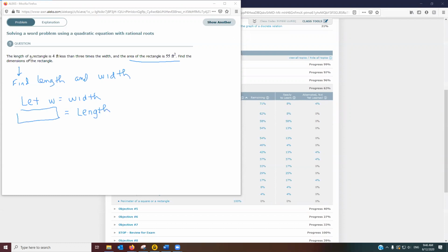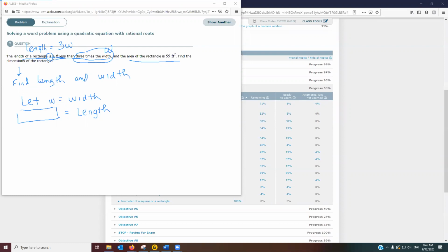All right, I need to come up with some expression for the length. Now, I'm going to use this first sentence. It says the length is 4 feet less than 3 times the width. Well, the length of the rectangle, the word is equals. So the length equals 3 times the width. Remember, we called the width W. So 3 times the width would be 3W.